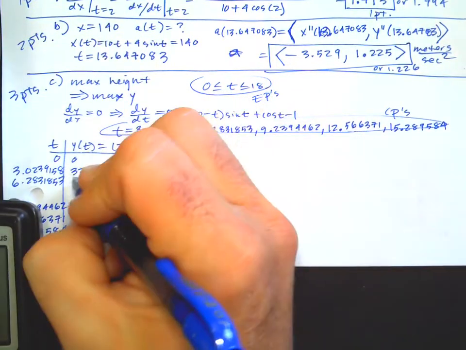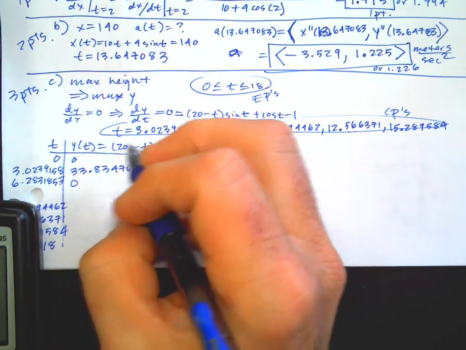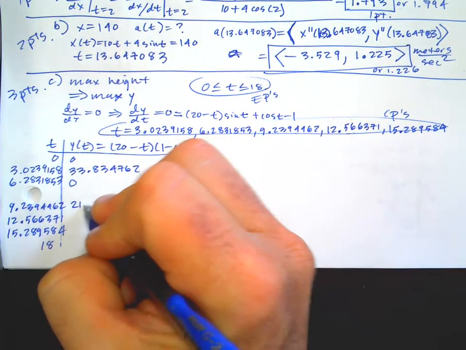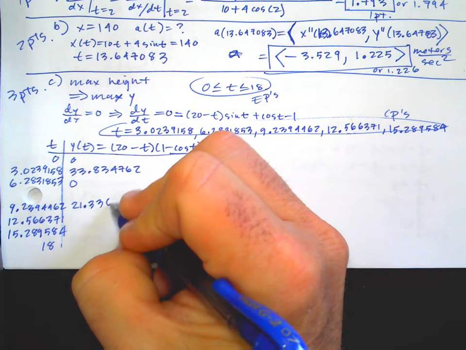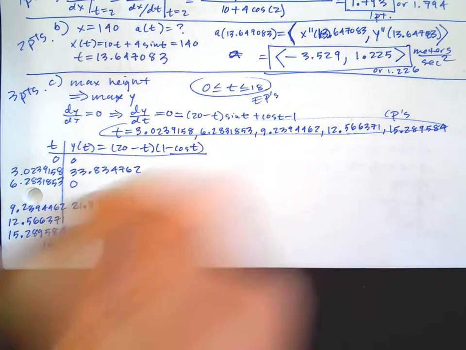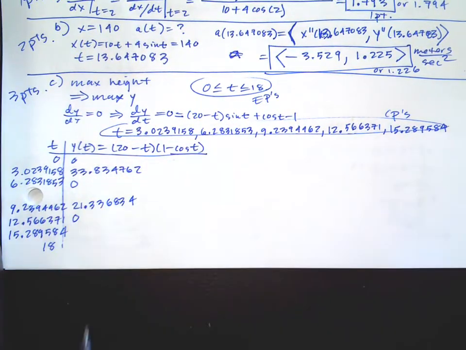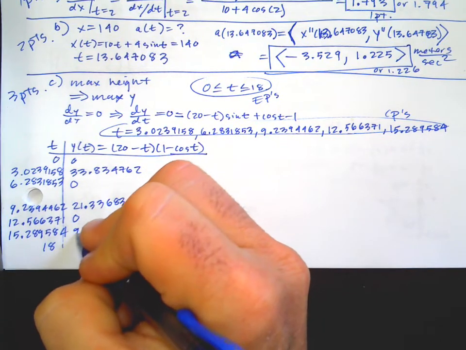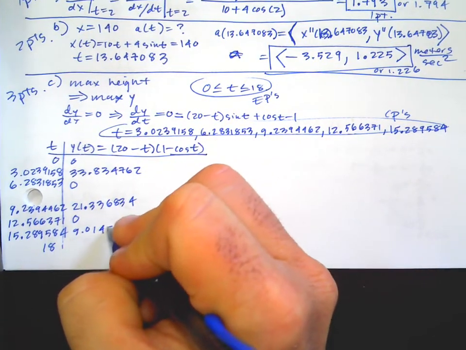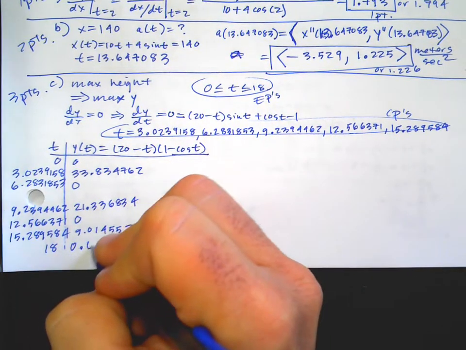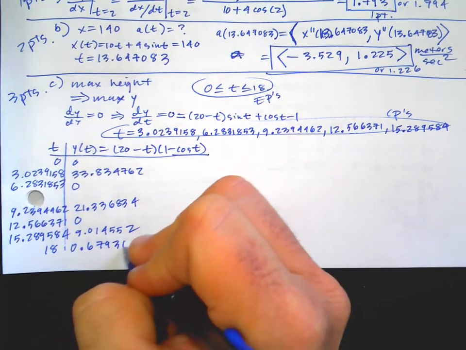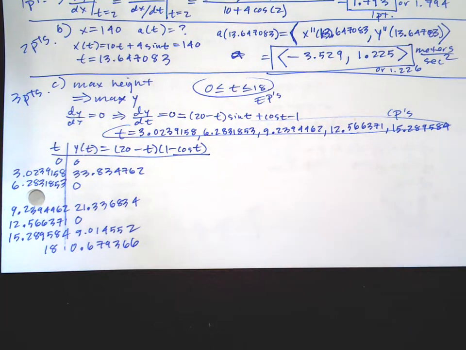Wow, that's interesting. 0. 21.336834. And then 0 again. And then 9.014552. And then 0.679366.